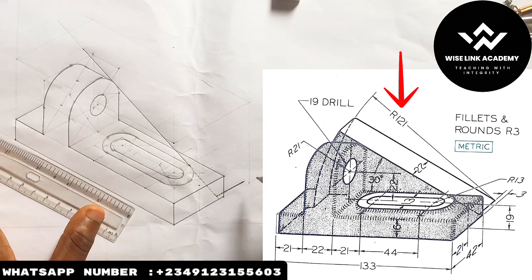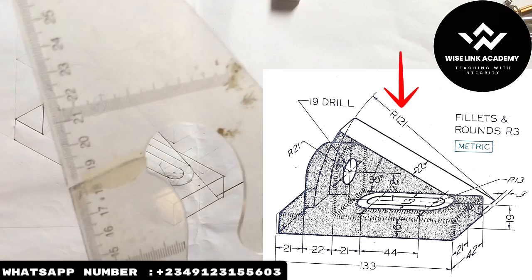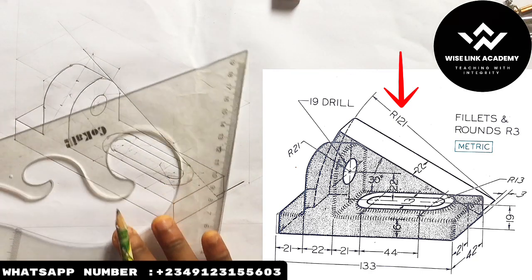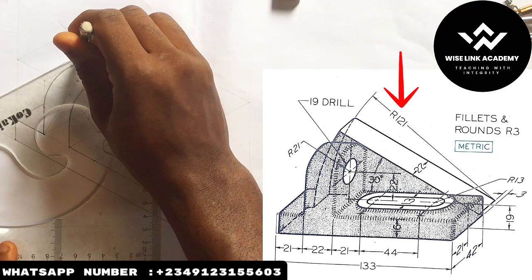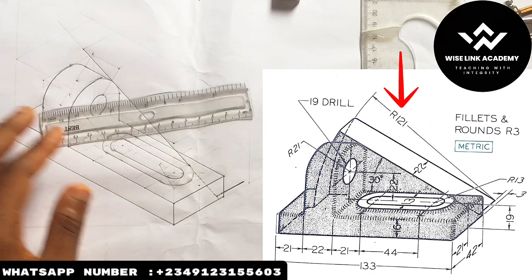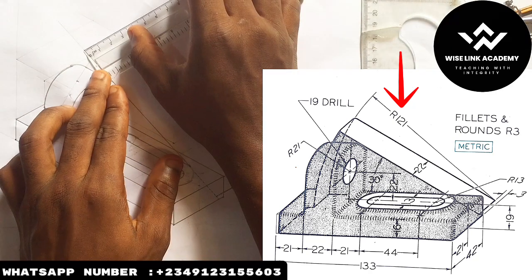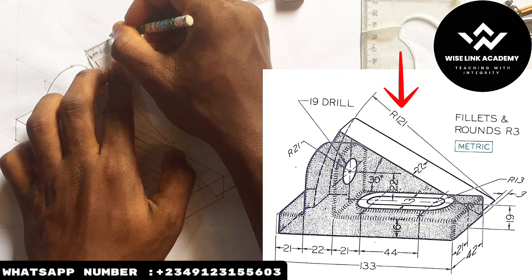When you are done with that, I'll take my T-square here, and I'll take it down here, this one here, this way. So I can now measure 22 here again, from here to here is 22.